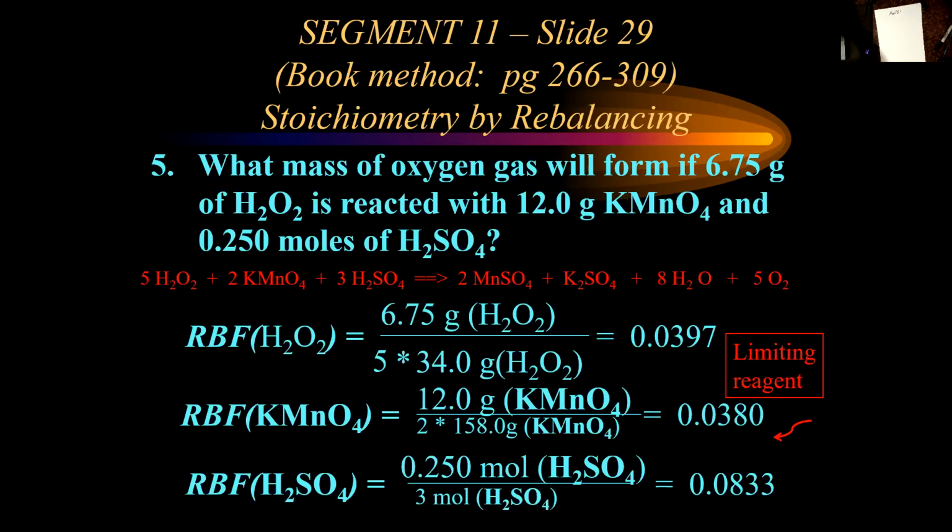Work the problem through again. Take the 12 grams of permanganate, convert it to moles. Take the equation, convert from moles of permanganate to moles of oxygen, and convert moles of oxygen to grams and get the second answer. And then do the third problem. 0.25 moles of sulfuric acid, take that moles and convert to moles of oxygen, and take the moles of oxygen and convert to grams and get that answer. I'm not doing that.